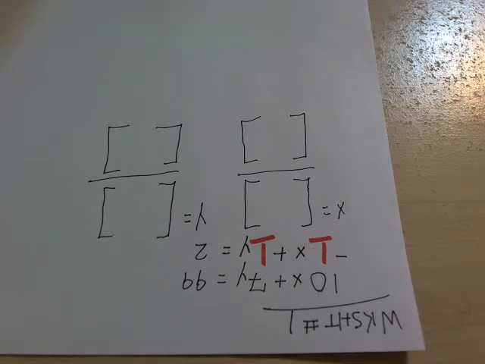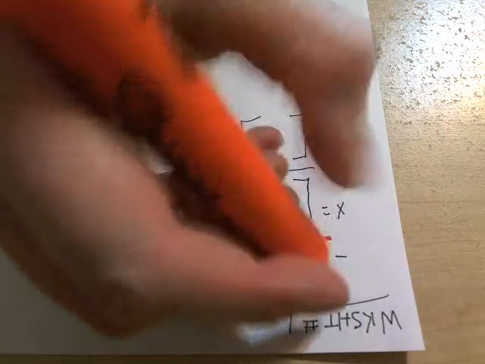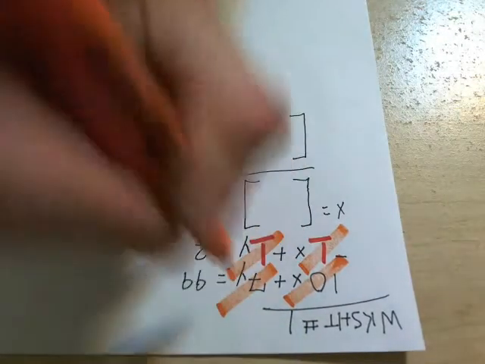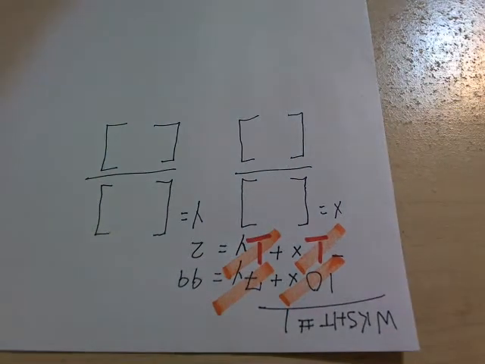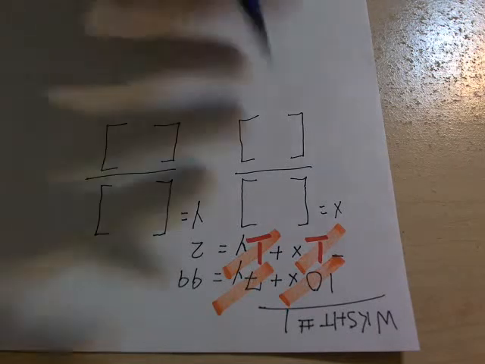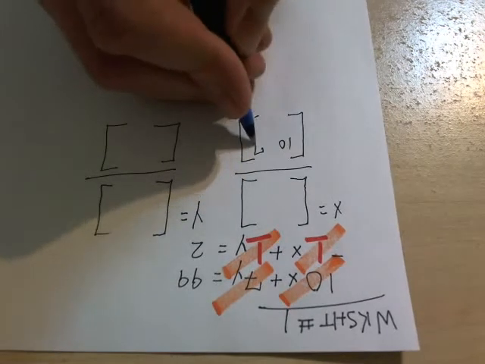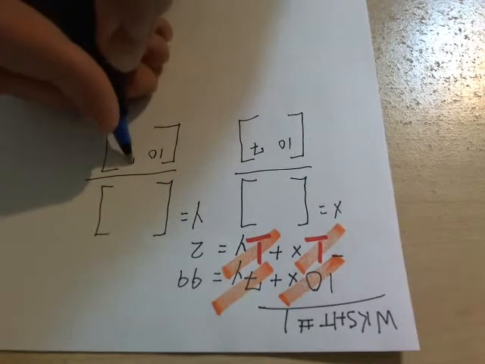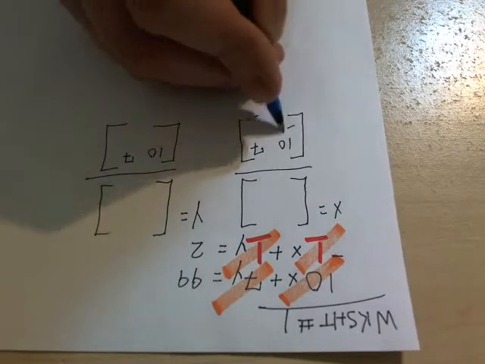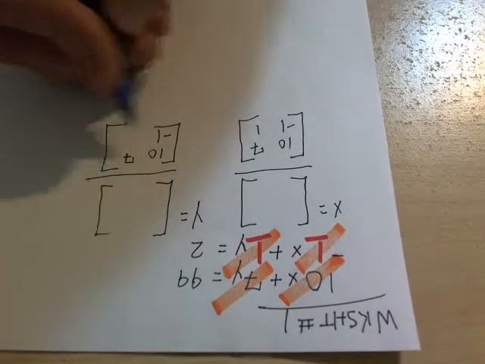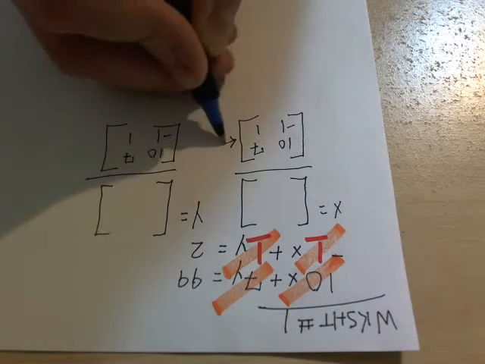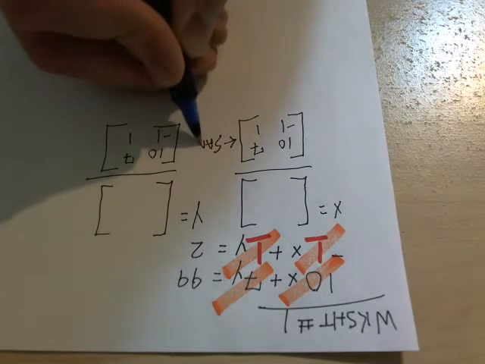That step says I'm going to fill in those denominators with the matrix of coefficients. That's the stuff that's in front of each variable. So in this question, that's 10 and 7 in the top row, and negative 1 and 1 in the bottom row.